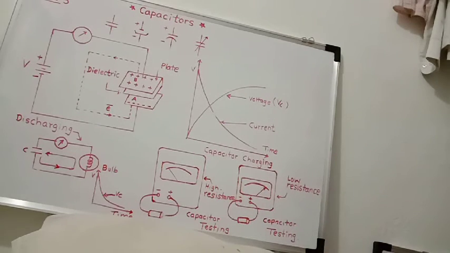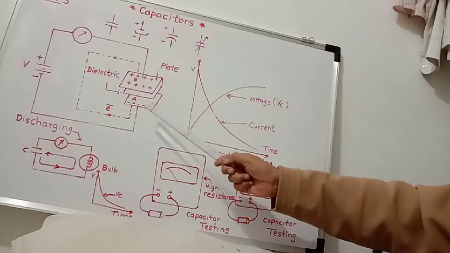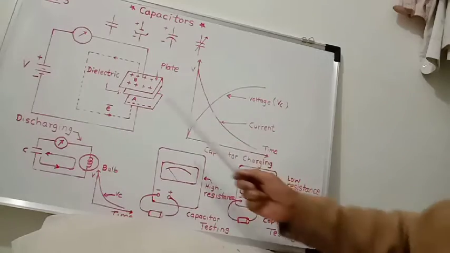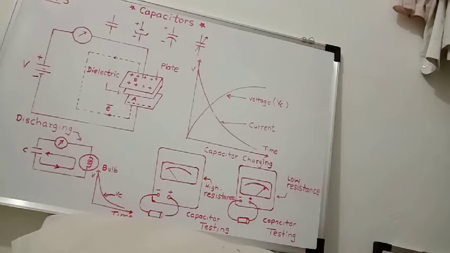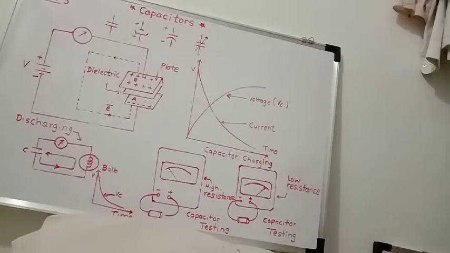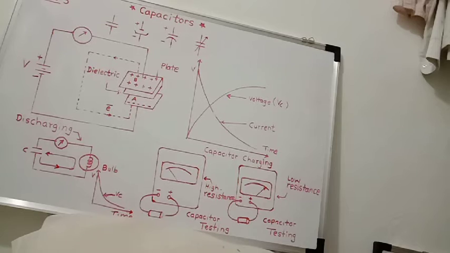So when the voltage across the capacitor is equal to the applied voltage V, then no current flows through the capacitor. Then current stops, and we get this reverse deflection. Then the capacitor will offer high resistance.